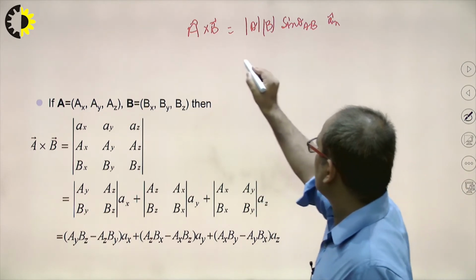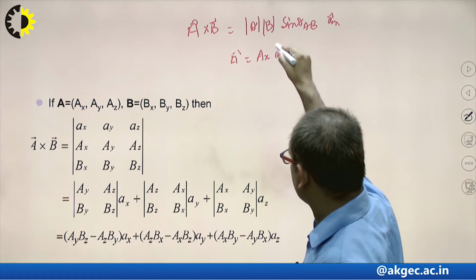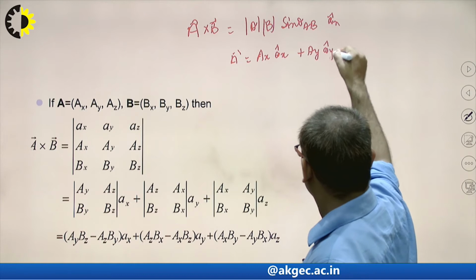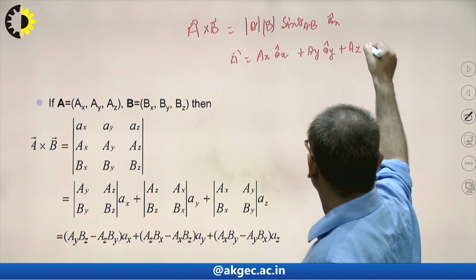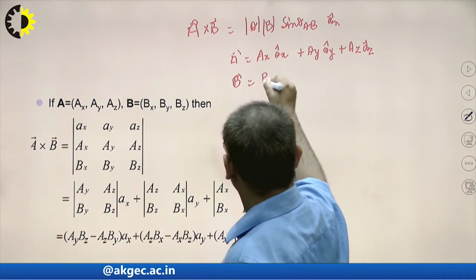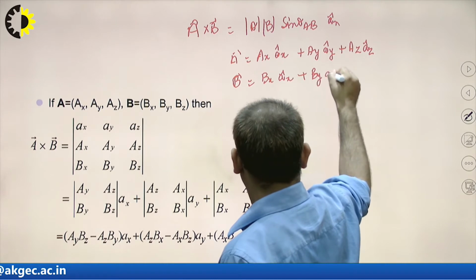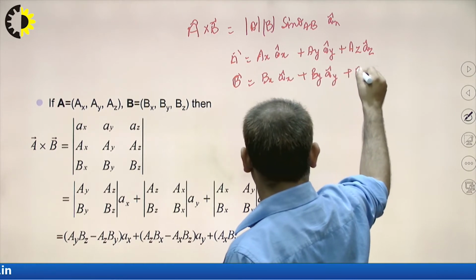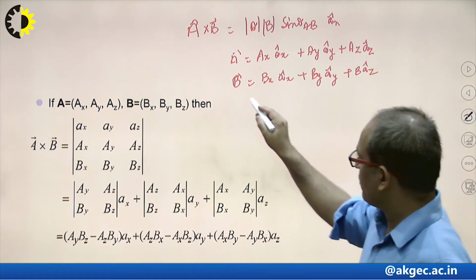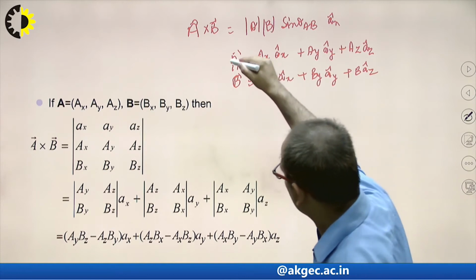Now see, if A vector is equal to ax a cap x plus ay a cap y plus az a cap z, and B vector is equal to bx a cap x plus by a cap y plus bz a cap z. Now we'll see how we cross multiply these two vectors.